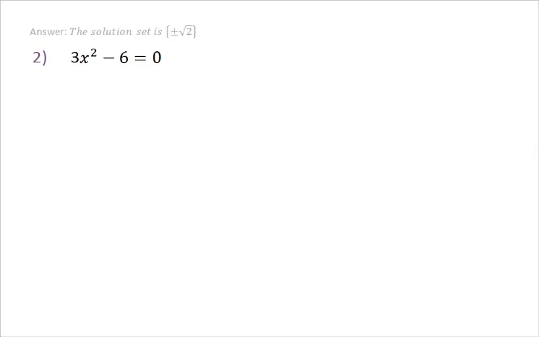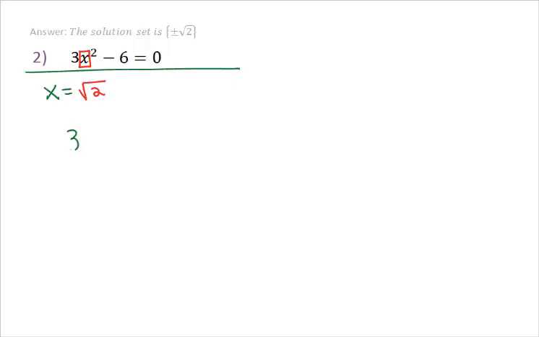So, going back to the original equation, 3x squared minus 6 is equal to 0, plugging in our solution set of x equals positive root 2 and x equals negative root 2. We need to substitute these in one at a time, so let me start with the positive root 2. And you just substitute this in for every place that we see an x.